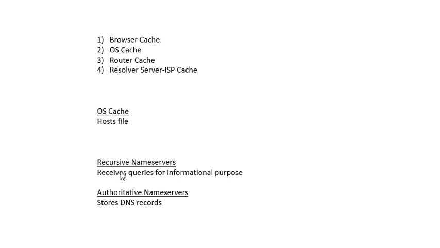So basically, there is not a single recursive name server. There is a chain of recursive name servers, and it continues until it reaches the record. It reaches the information at one of the recursive name servers, or it reaches the authoritative name server, where all the information is stored and the IP address is provided.